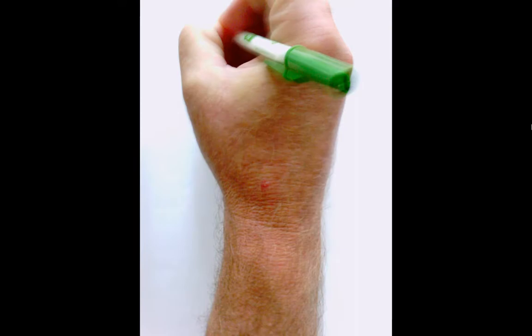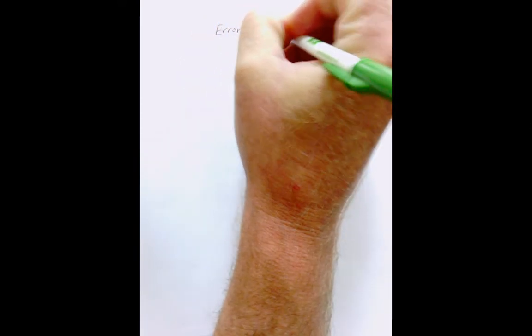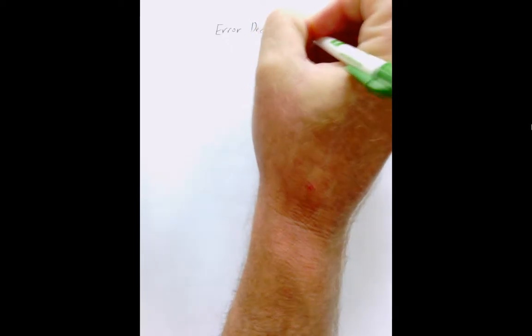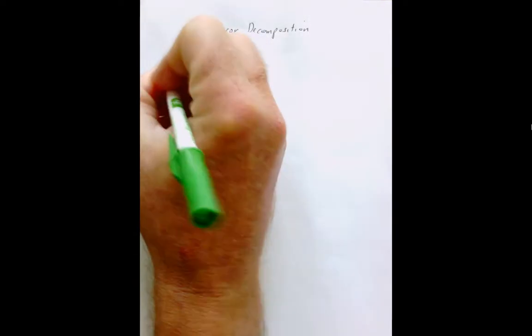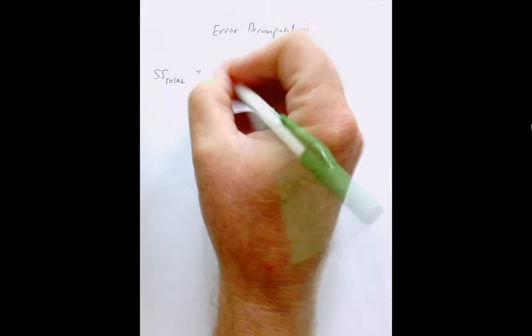All right, let's go with this. What I want to look at next is the way the error decomposition breaks down in a two-way ANOVA. So first of all, we have our sum of squares total, and we can break that into the sum of the following four parts.